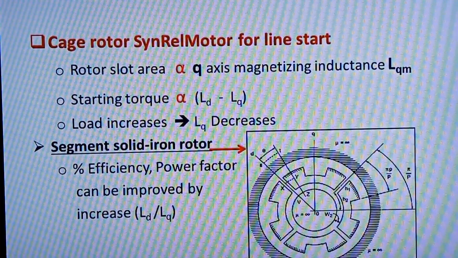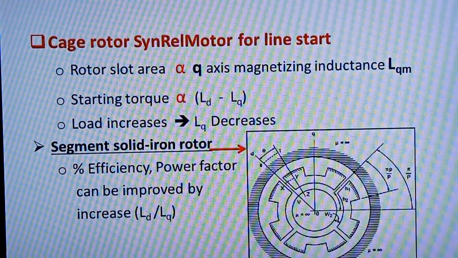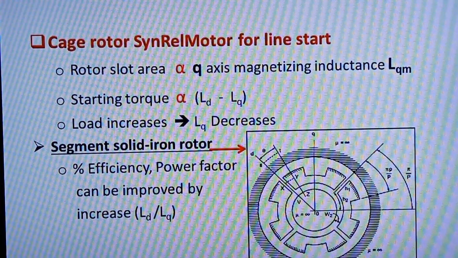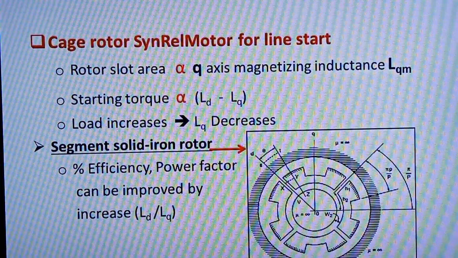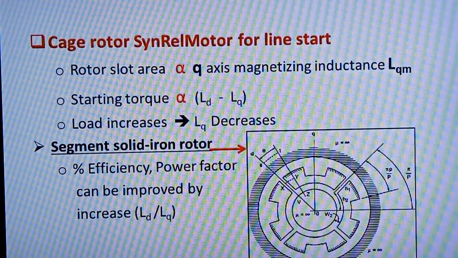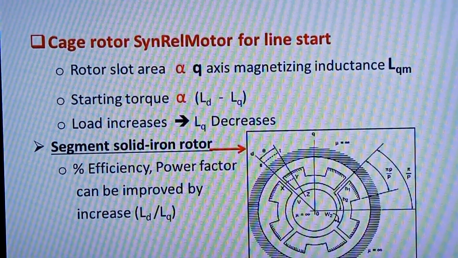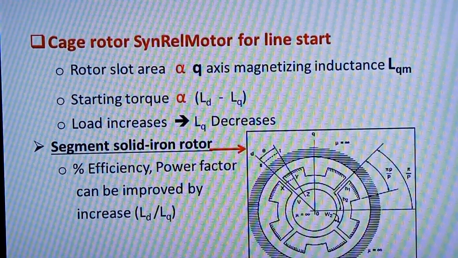Then in the cage rotor synchronous reluctance motor for line start, the rotor slot area here is proportional to the q axis magnetizing inductance LQM. So when we change the LQM value, we know that the torque angle will be varied.